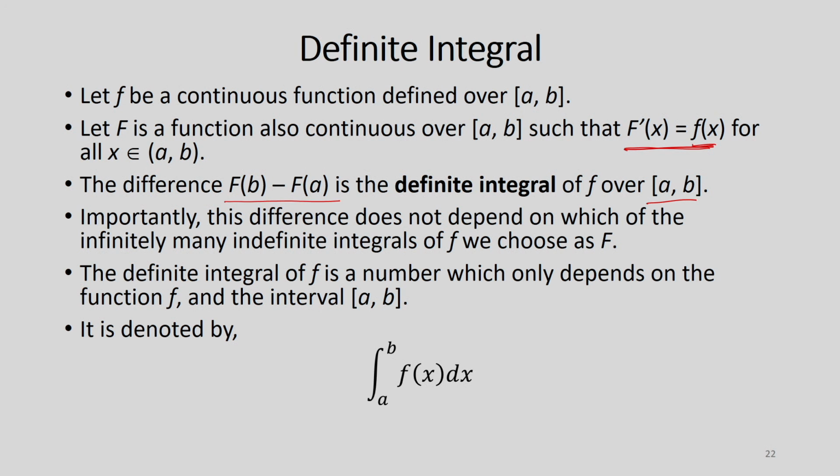So, depending on the value of C, you are going to get a host of functions which will satisfy this condition, but the interesting point of definite integrals is that it is immaterial which particular function you use, the value of the definite integral will remain the same.